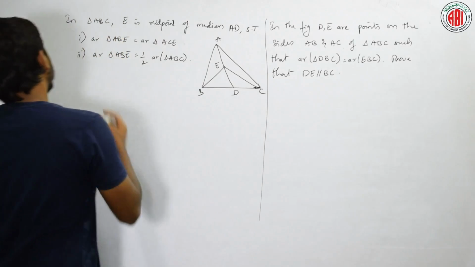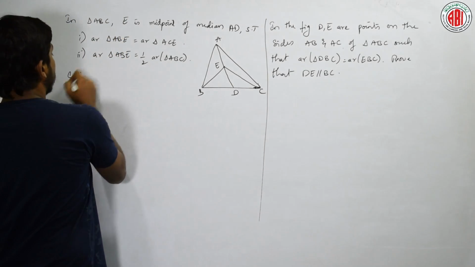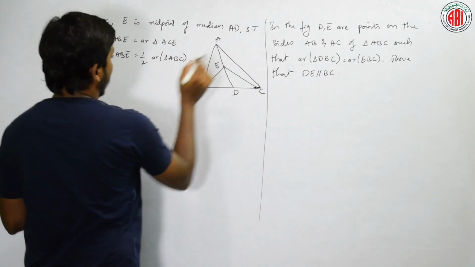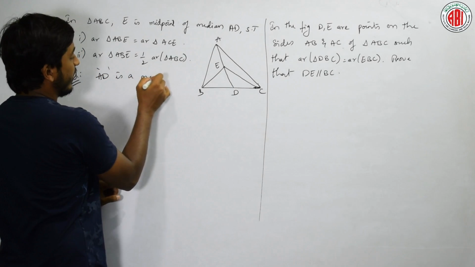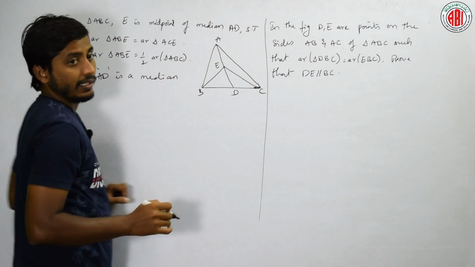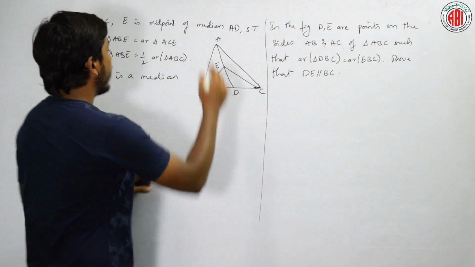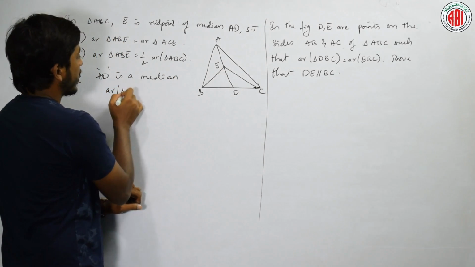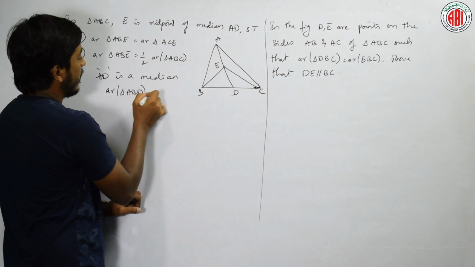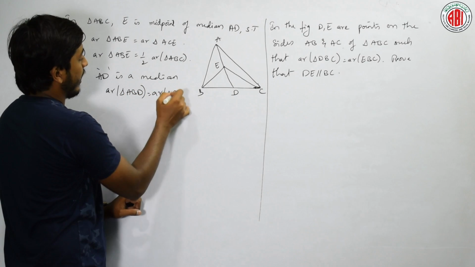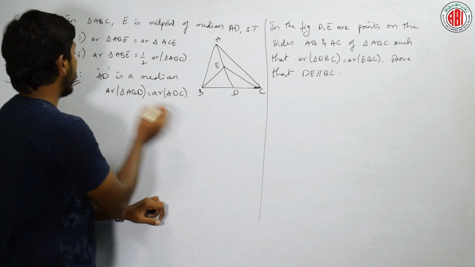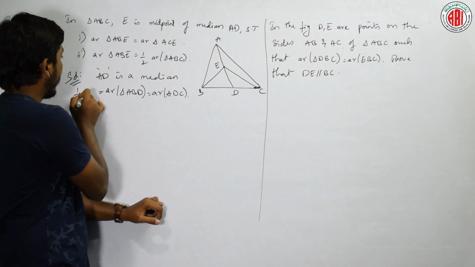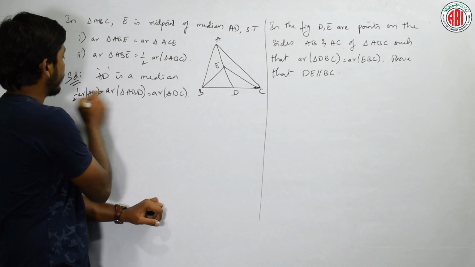See here, let us consider a triangle ABC in which, given that AD is a median, right? Then obviously we know that the area of triangle ABD is equal to the area of triangle ADC. Is it right? That is obviously half of the area of ABC.